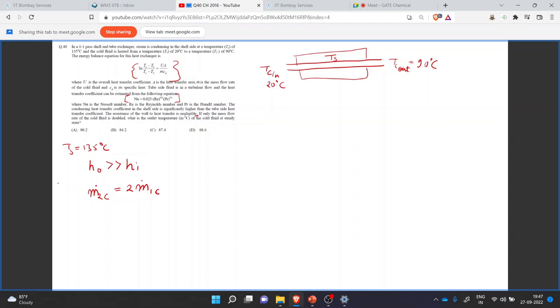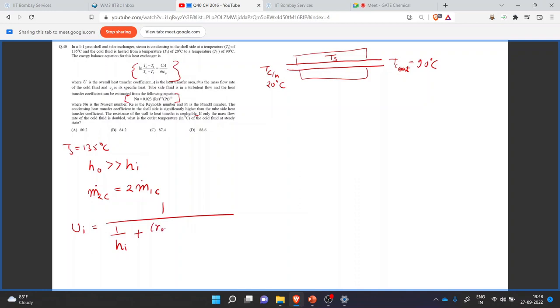So the heat transfer coefficient, we can write it for the inner side as Ui equal to 1 upon, this is my convection resistance based on the inner side heat transfer coefficient, 1 upon hi.